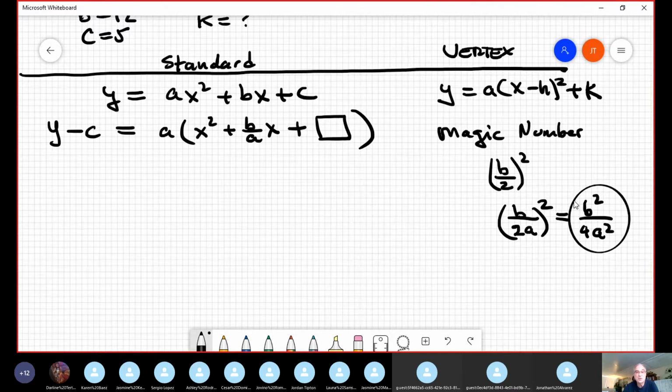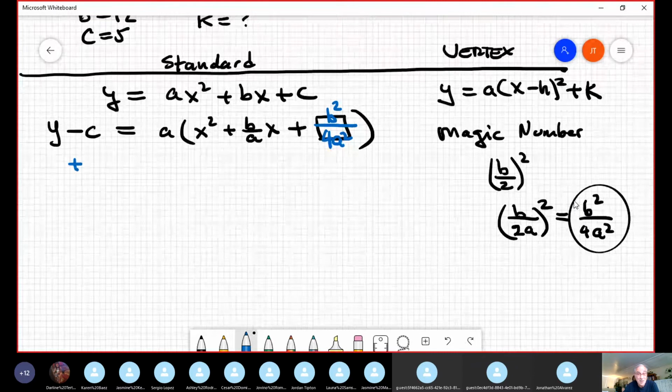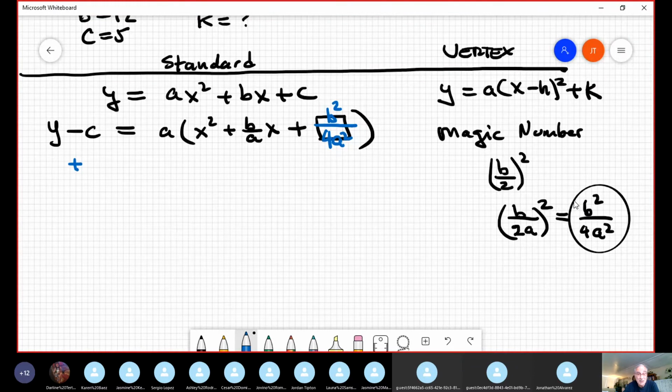In the box I put B squared over 4A squared. In order to keep the equilibrium of the equation, on the left hand side I put plus something, but not the same value. Remember, you multiply by A. So when you multiply by A, at least one A is cancelled, no? So it's B squared over 4A.